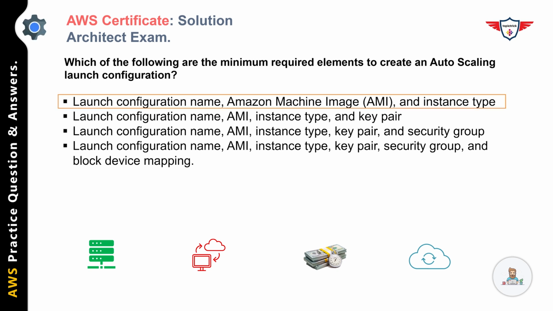The correct answer is option A. You only need launch configuration name, AMI, and instance type to create an auto-scaling launch configuration. Identifying a key pair, security group, and a block device mapping are optional elements for an auto-scaling launch configuration.